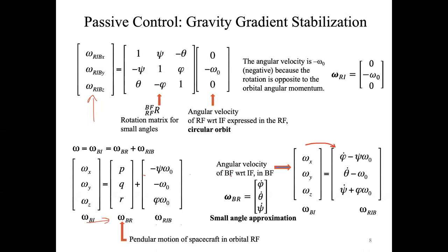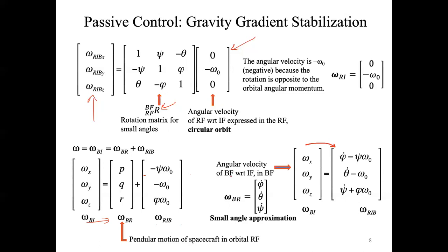So what we have here is the value of the angular velocity of the orbital reference frame with respect to the inertial reference frame expressed in the orbital reference frame. And in order to have that in the body reference frame, we have to multiply this vector by the orientation matrix that goes from the orbital reference frame to the body frame.